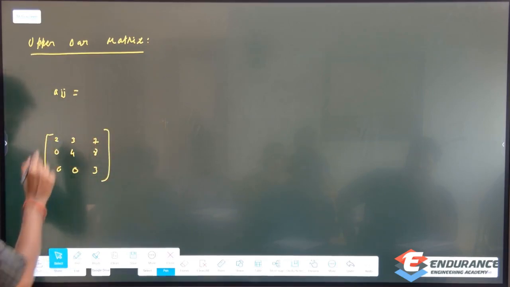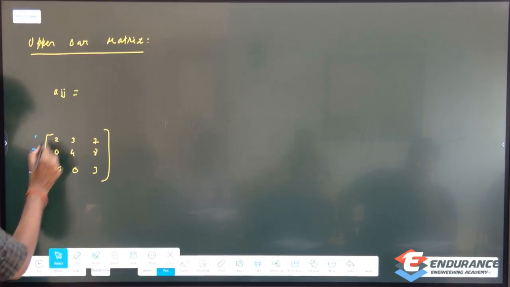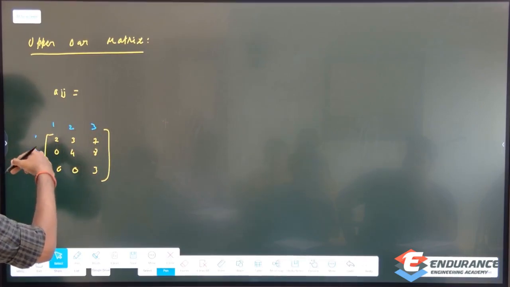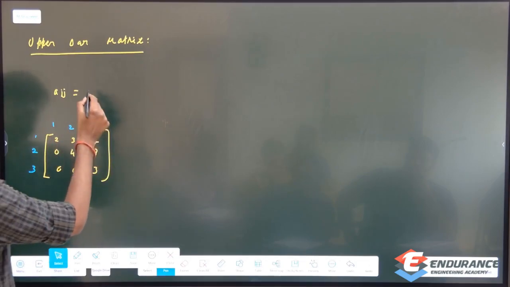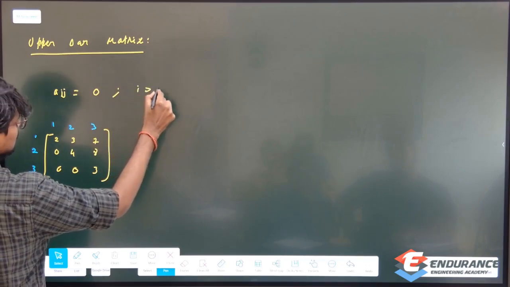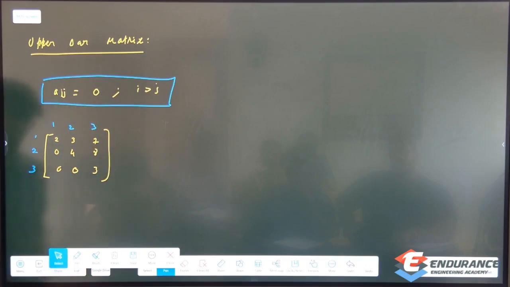This is my upper triangular matrix. With rows and columns numbered 1 2 3, when i is greater than j, what will happen to Aij? Aij will be 0 when i is greater than j.